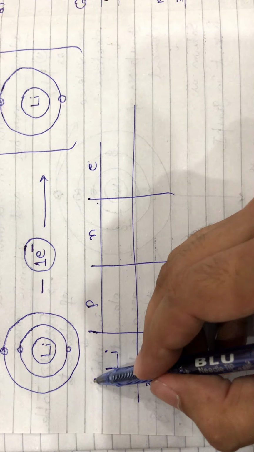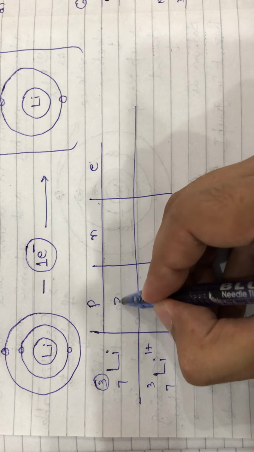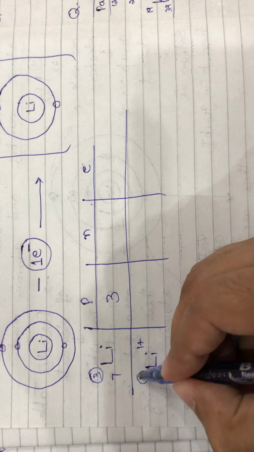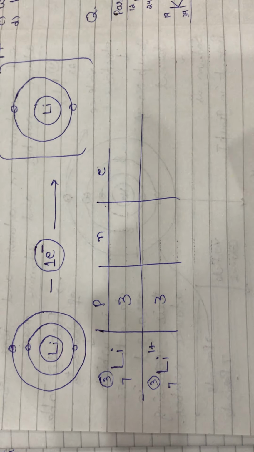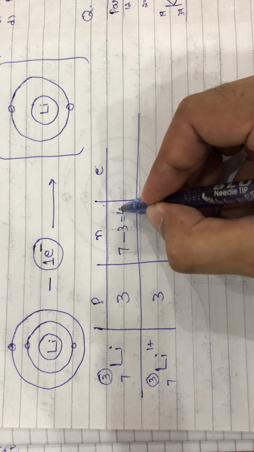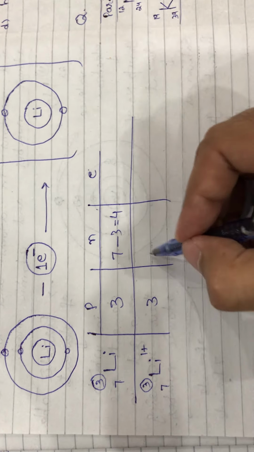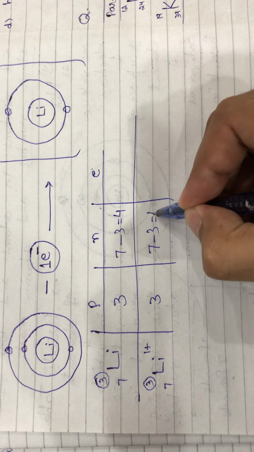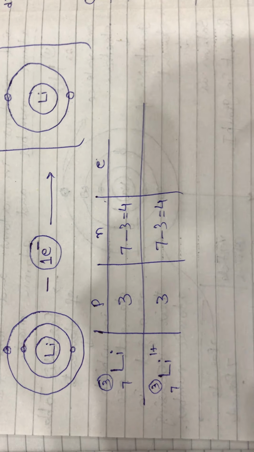Over here the number of protons are how many? 3. Here the number of protons is also 3. Number of neutrons is 7 minus 3, the answer will be 4. Here the number of neutrons is also 7 minus 3, the answer will be 4.